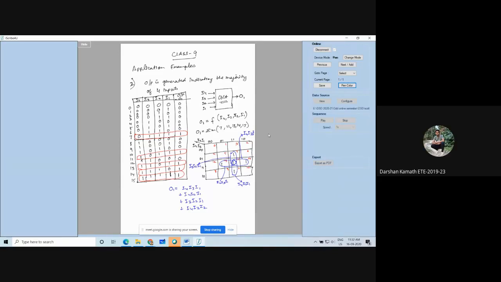Correct, ma'am. Correct. So if I allow you to use AND gates, and also one 3 input AND gate, then you require 4 AND gates to make this expression of I4, I3, I1, I4, I2, I1, I3, I2, I1 and I4, I3, I2. 4 AND gates, 3 input AND gates for these and then 1 OR gate of 4 input to make this expression. Is this right?